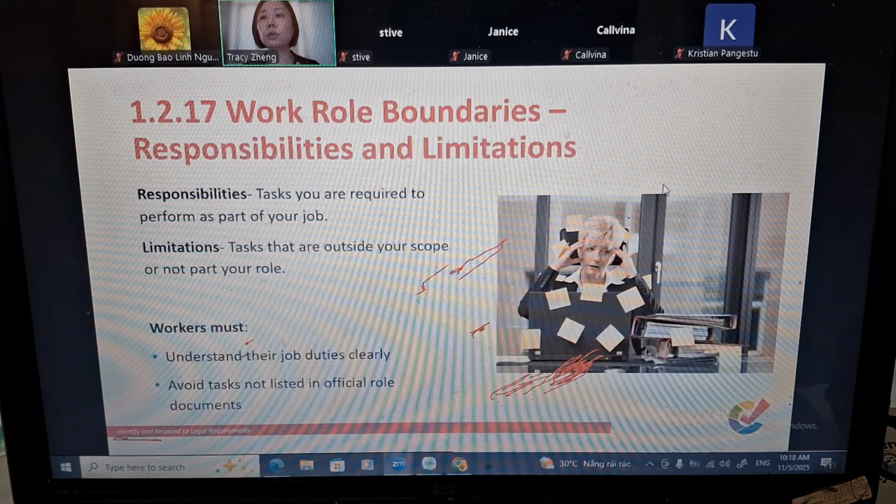So we're required to perform those tasks and the job as the requirements. And limitation means the tasks that are outside your scope or not part of your role. So for example, if your client asks you, can you please give me an injection? I'm really in pain. Do you think that is your role to do so?